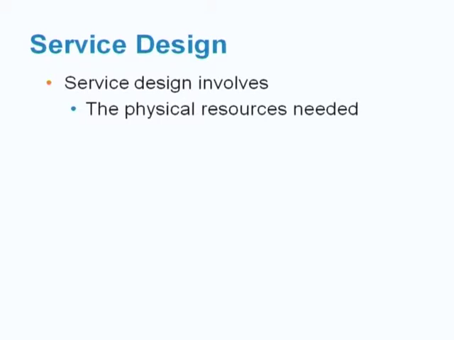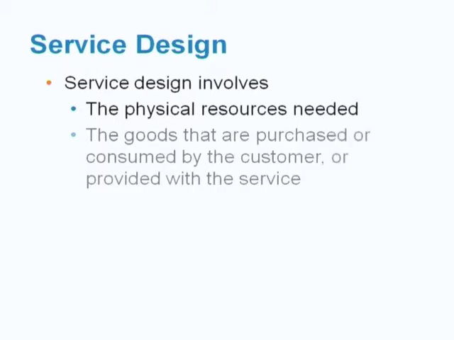How about the medical machines that we use in the hospitals? Number 2, the designer needs to consider the goods that are purchased or consumed by the customer. For example, in a hospital, the goods can be medicines or medical supplies, so we need to consider those as well.